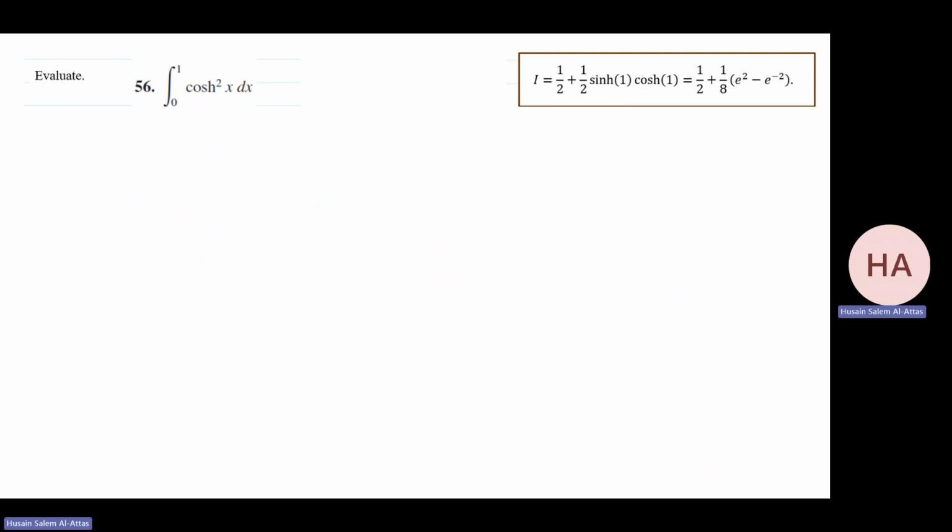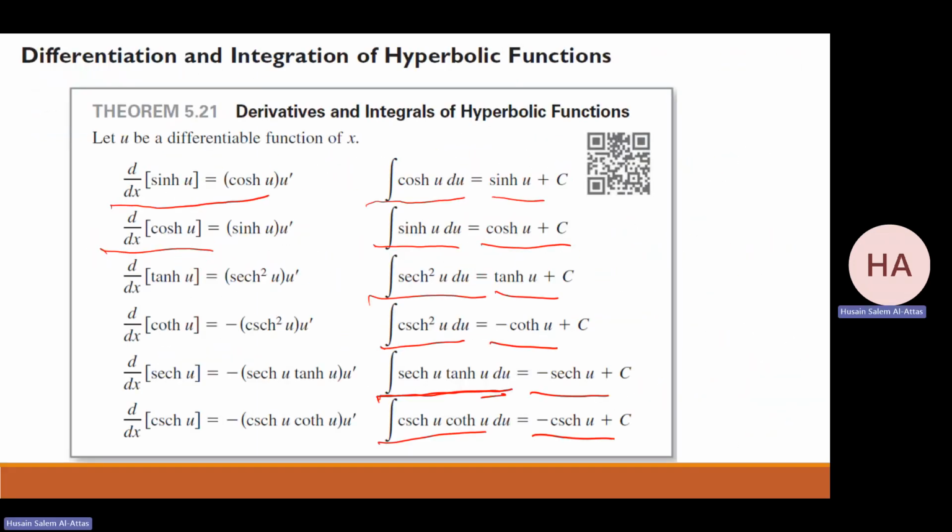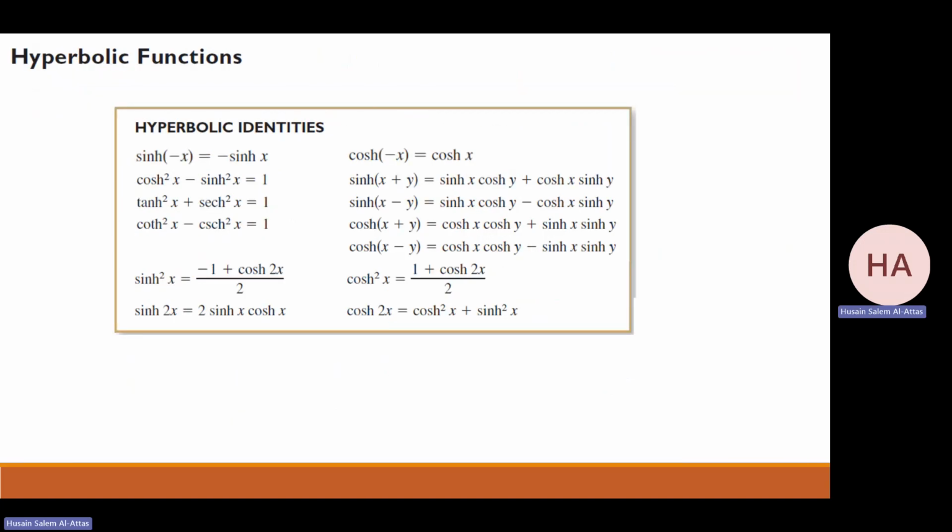Okay. Cosine hyperbolic square dx. What shall I do? You go back to the properties. I don't have any formula there, but look here, I have this. So this is what I will do.